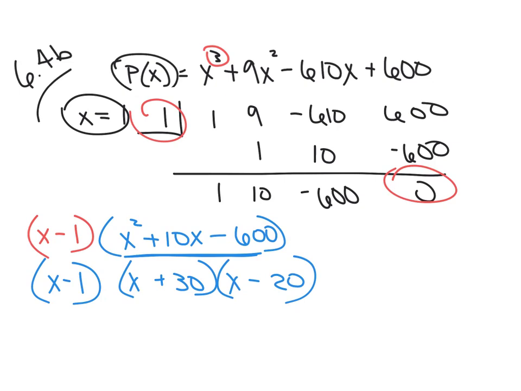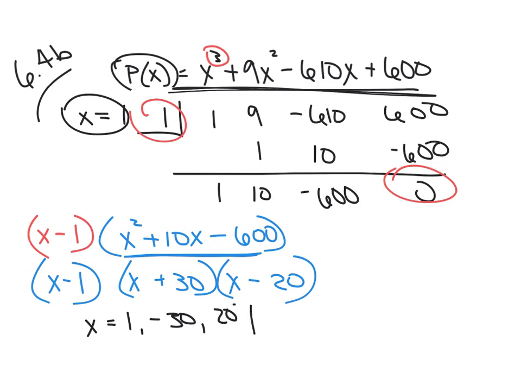numbers. So that means that my graph of this is going to cross at x equals 1, x equals negative 30, and at x equals positive 20. Those are the three parts that my graph crosses.